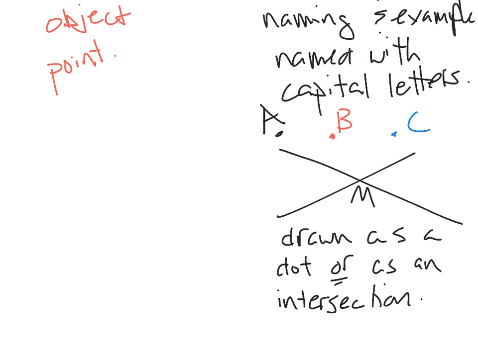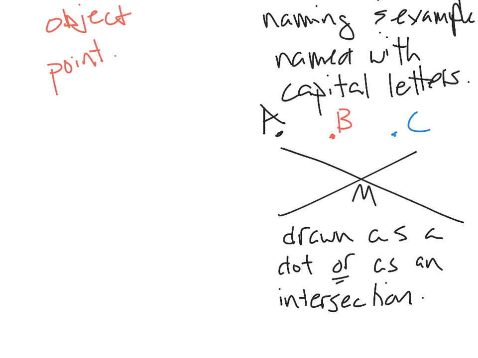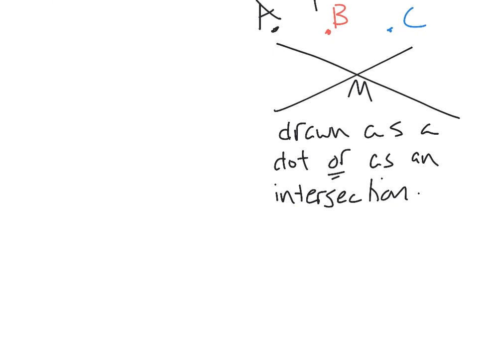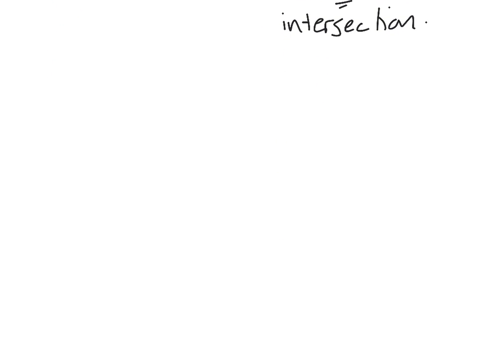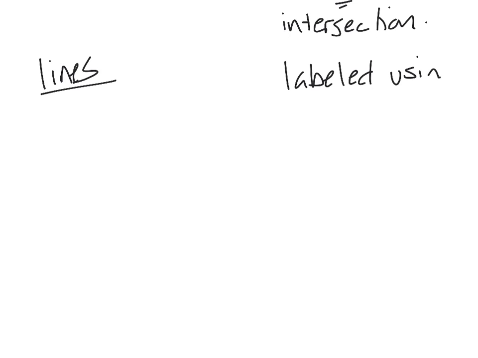All right. Now, next up, we have lines. Lines are labeled using two points on the line.